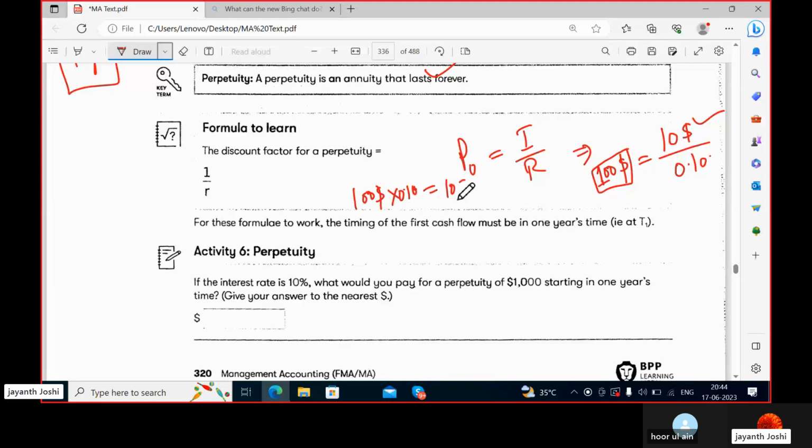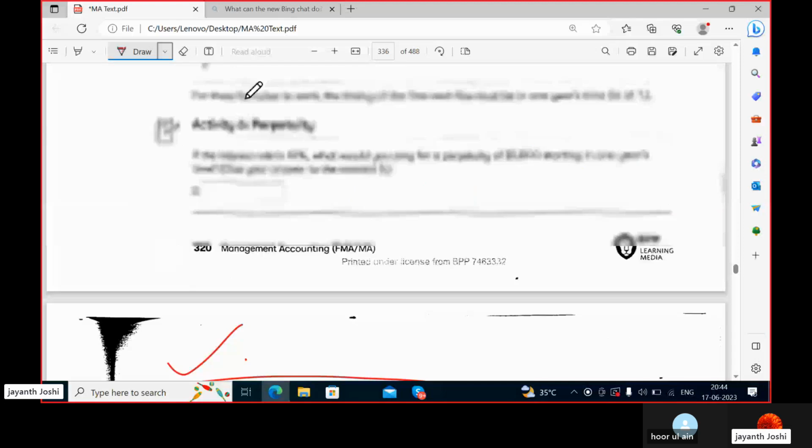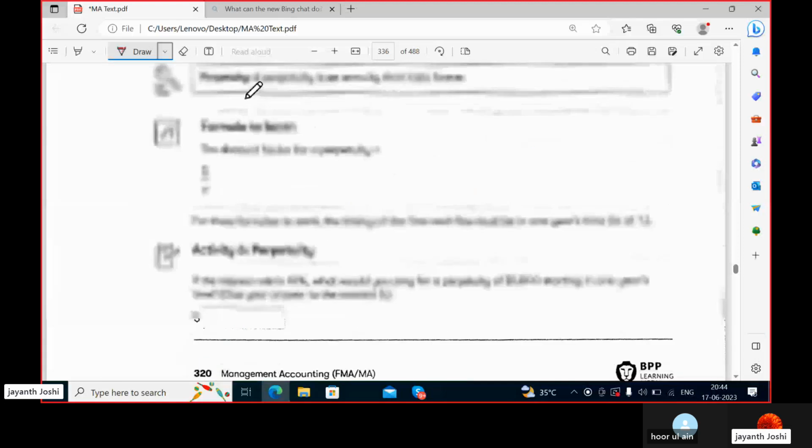Okay. Please have a look at this concept and try this question here. And we will go for the next concept, that is investment appraisal techniques, the main concept of this chapter. Okay, please do this question, I'm waiting.